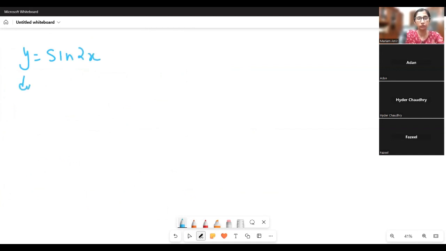So the derivative of sine f(x) is cos f(x) times f prime x. So it's going to be cos 2x times the derivative of 2x. And what's the derivative of 2x? It's just 2. So it's going to be 2 cos 2x.